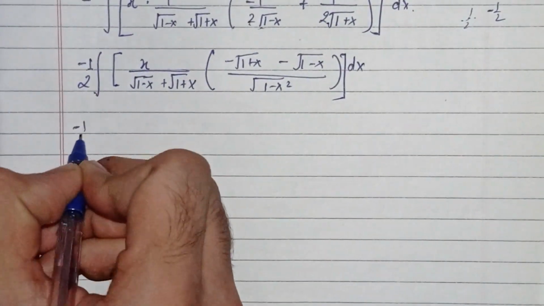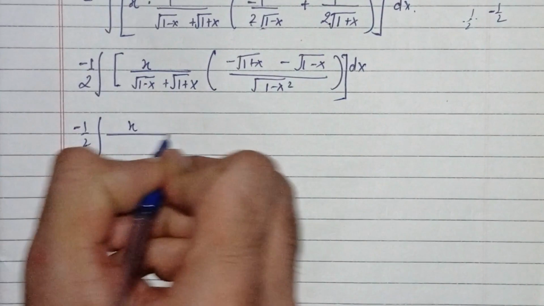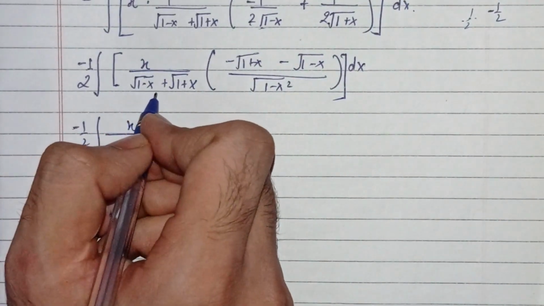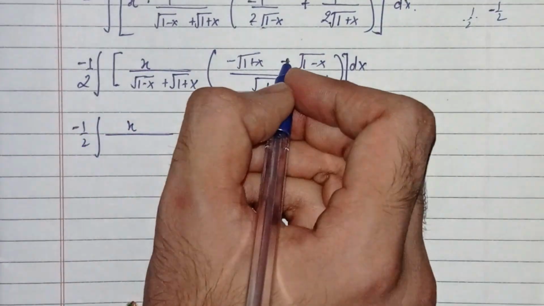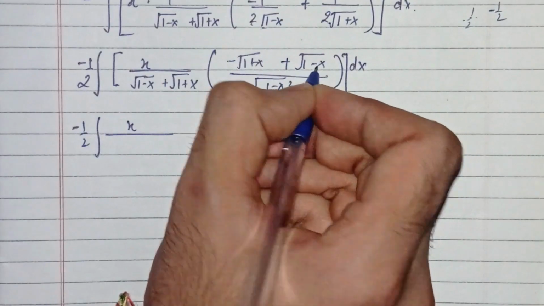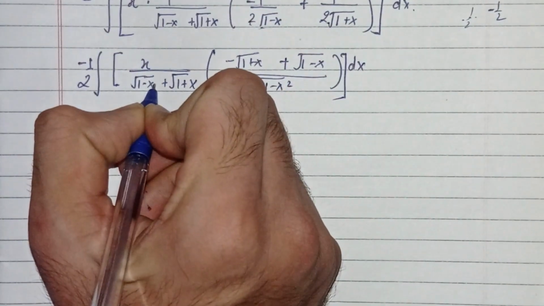So now minus 1/2 times x upon, sorry, this will be added, if I take this and this.